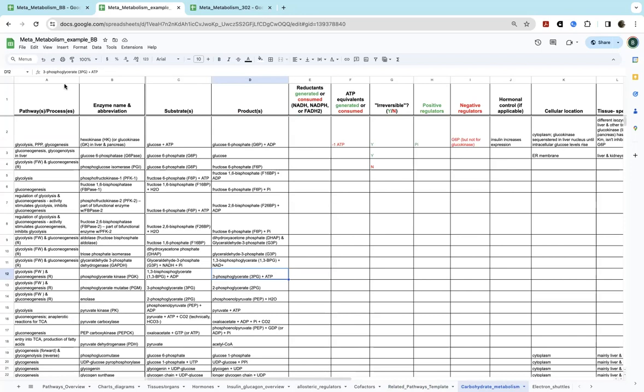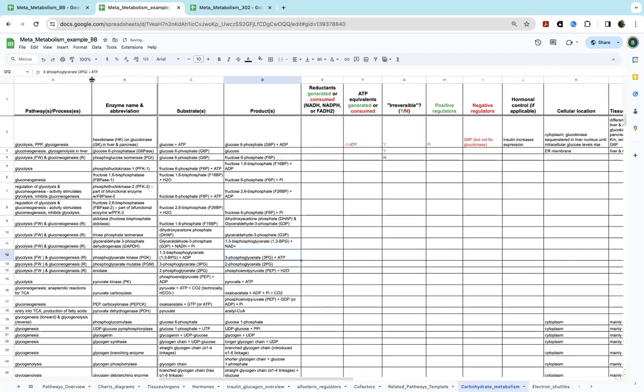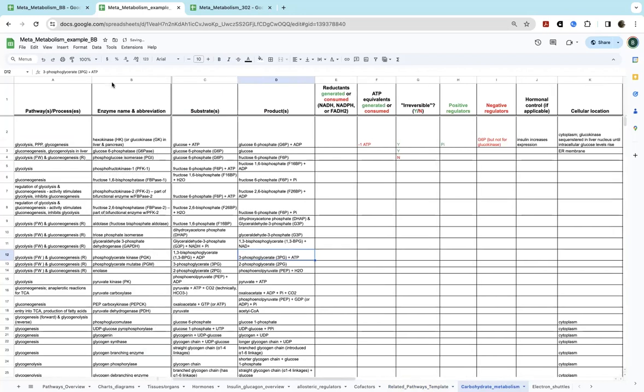But for the different pathways, you can see that there's basically one row per enzyme. I probably should have put the enzyme name and abbreviation row first, but it makes more sense to me in my mind this way for some reason. If it makes more sense to you to swap these, then that's totally cool.